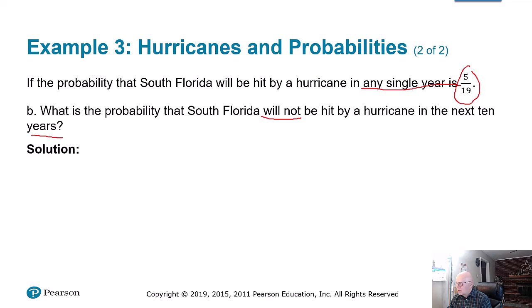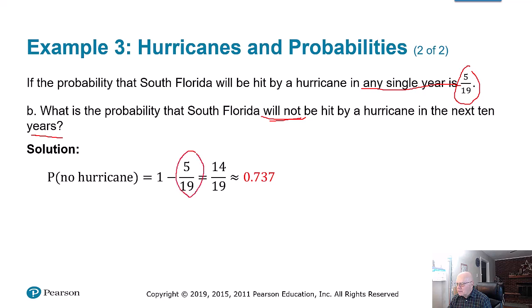How do we solve it? Well, will not be, remember, either it is or it isn't. Those are opposites or complements of each other. So the probability of no hurricane is 1 minus the probability of a hurricane.